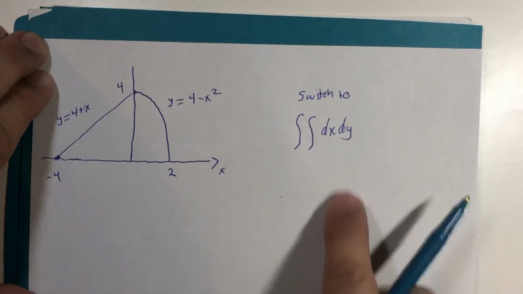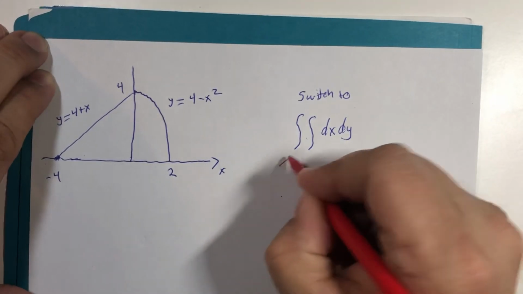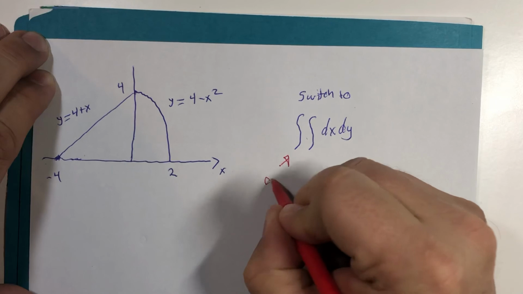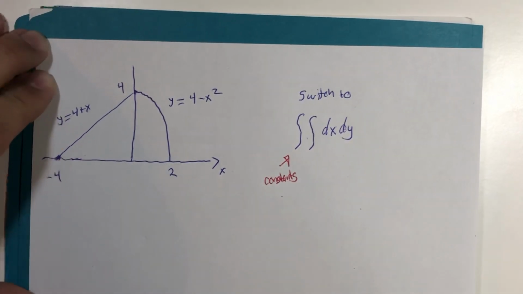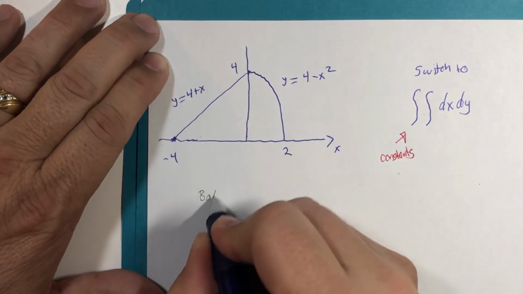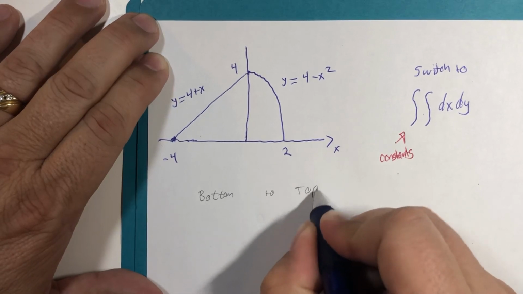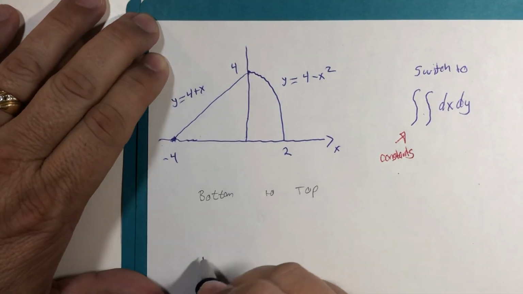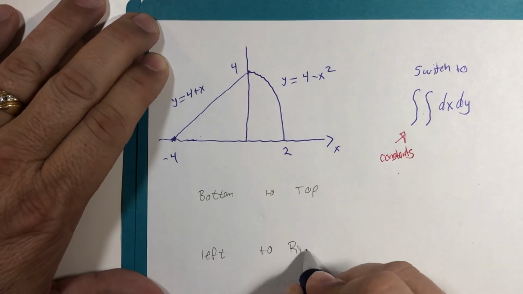And we're going to switch our problem to dx dy. And please recall that this integral, this last thing we do, has to be constants. So I'm going to be thinking of this as what's going on from the bottom to the top and from the left to the right.